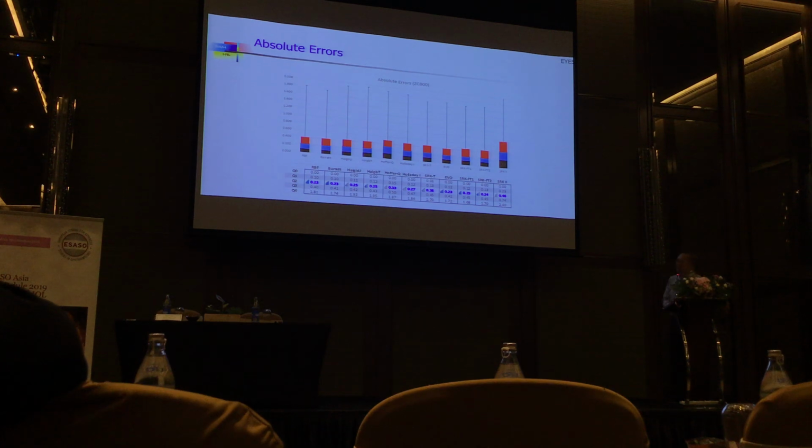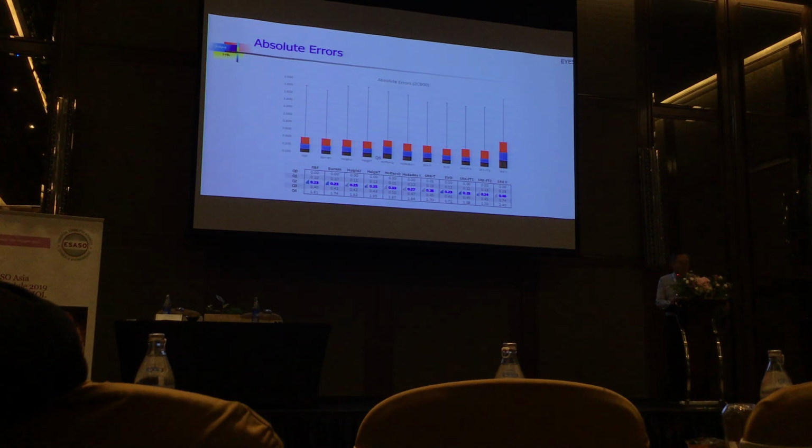Then we look at the median absolute error. Median absolute error means the prediction error, the actual refraction minus the predicted refraction, but we disregard the sign. So whether it's hyperopic prediction error or myopic prediction error, we treat them as the same. This is more to look at the spread of the error.